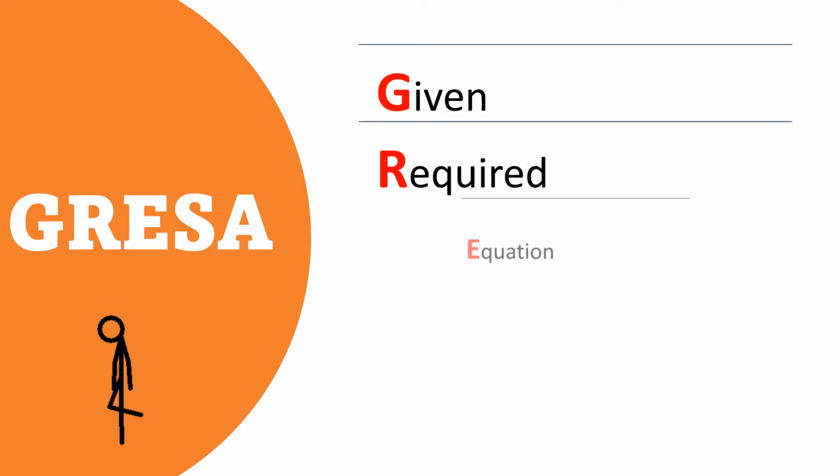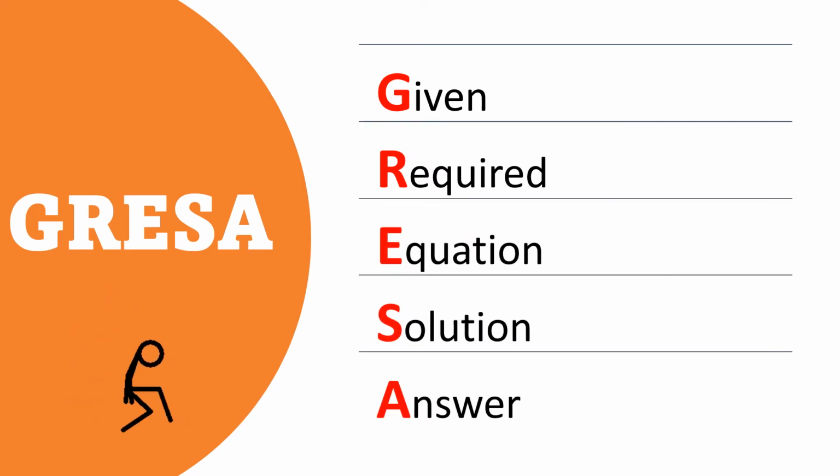Given, required, equation, solution, answer. Last week, you already used this one, so it's easy for you, and I don't need to elaborate these things because you already know them. Let us use them in this problem. Okay, let us have the problem.